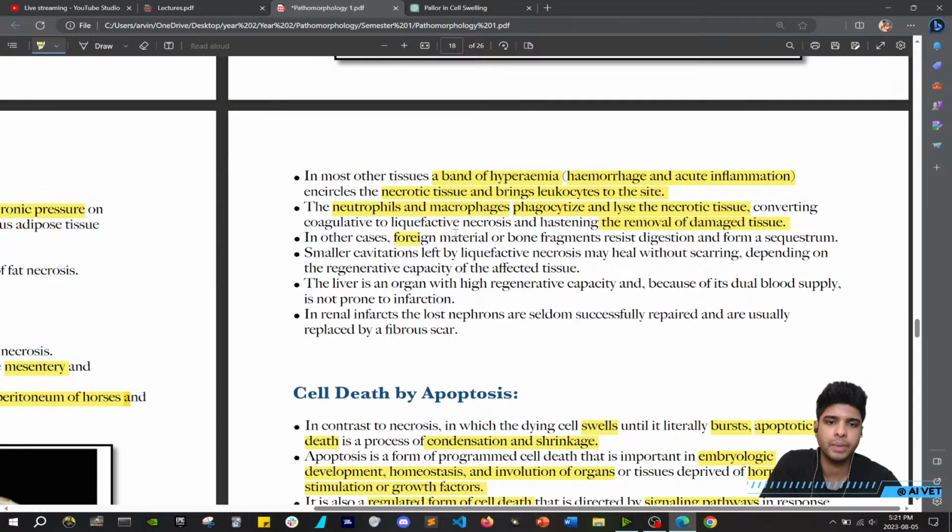So if there are foreign materials or bone fragments, they resist digestion and form sequestrum. Small cavitations left by liquefactive necrosis may heal without scarring.